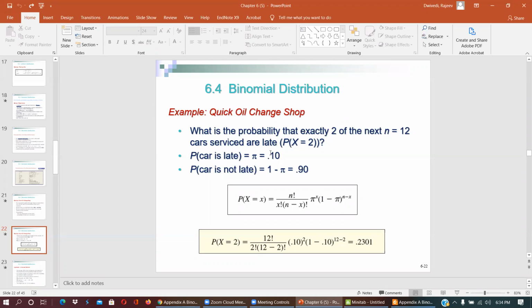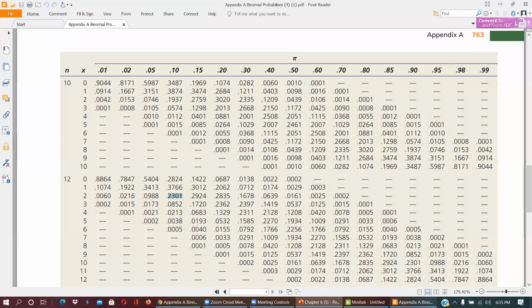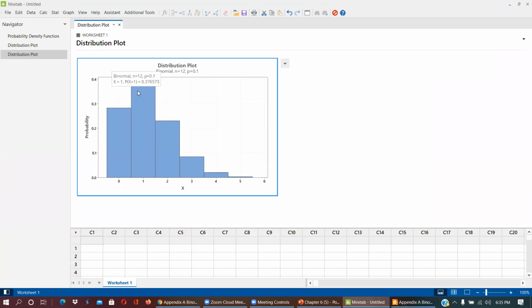Okay, thank you. So the question: what is the probability that exactly 2 of the next 12 cars serviced are late? And the answer is 23%. If I ask the same question for exactly 1 of the next 12 cars serviced being late, in Minitab this is the answer, 37.65%.